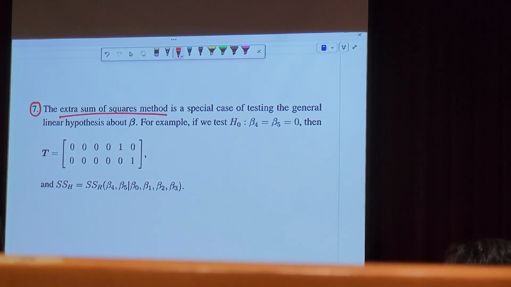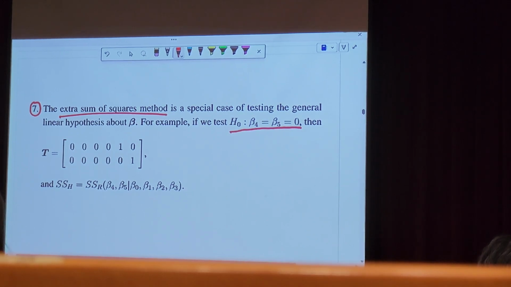Now, what is this extra sum of squares method? Well, it is testing whether additional regressor variables should be added or not.